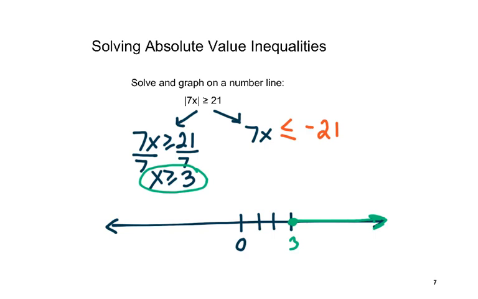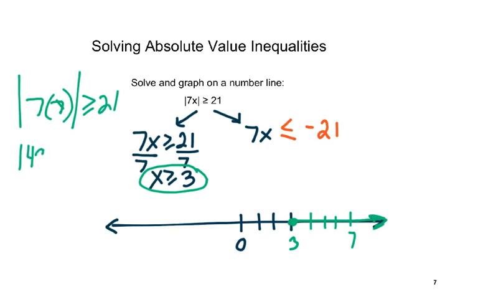Let's try a number like 7. The absolute value of 7 times 7 is greater than or equal to 21. Is this true? Well, it's the absolute value of 49, which is greater than or equal to 21. So that works. 7 is a solution, and in fact, any number greater than or equal to 3 is also a solution.